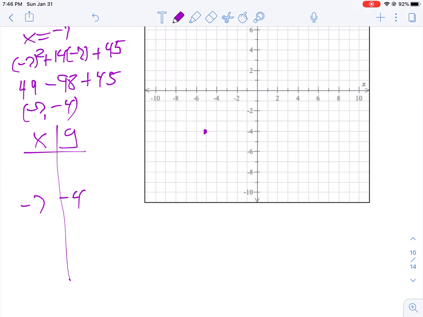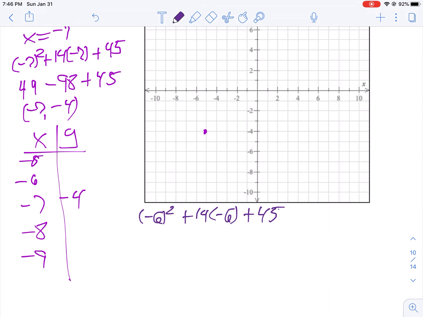So I'm going to put a couple numbers to the left and a couple numbers to the right. So I'll go -8 and -9, and I'll go -6 and -5. Let's start here by finding the value when x is -6. So I have -6 squared plus 14 times -6 plus 45.